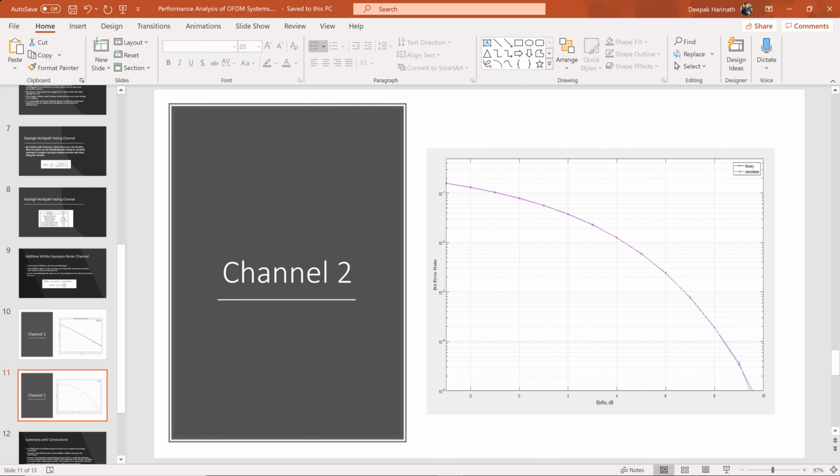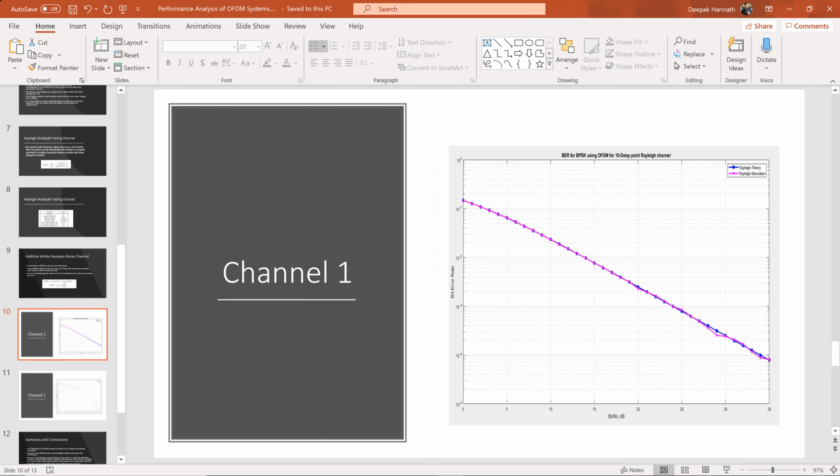So we'll be able to see that the additive white Gaussian noise channel has performed better when compared to the Rayleigh multipath fading channel. But then we could say that the Rayleigh fading channel is a better simulation to perform on a wireless communication in order to compare it with natural surroundings.